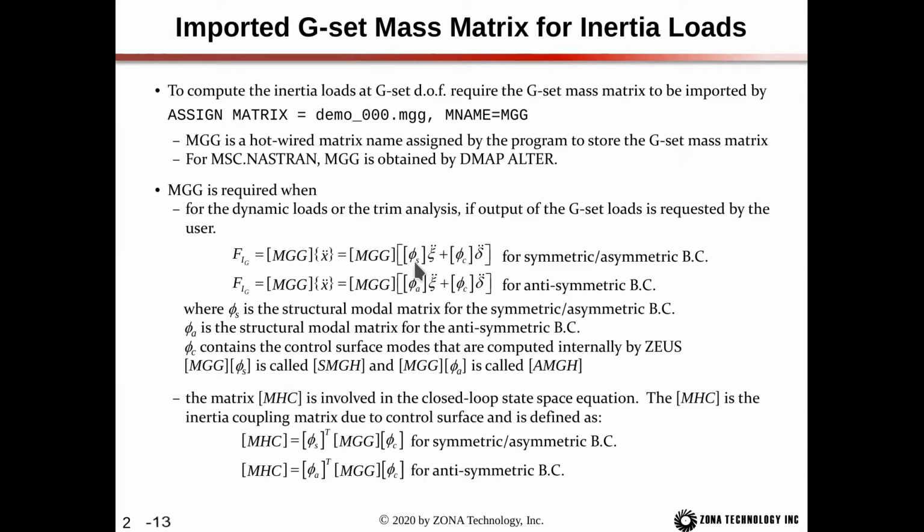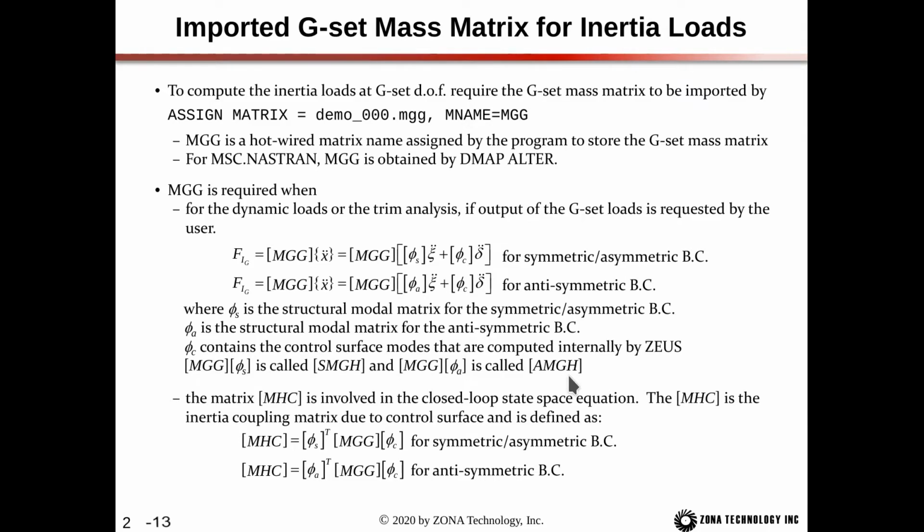This phi S is associated with the symmetric or asymmetric boundary conditions, and then phi A in this equation is associated with the antisymmetric boundary conditions. And then phi C is the control surface modes that are computed by ZEUS. MGG times phi S is called SMGH, and MGG times phi A is called AMGH.